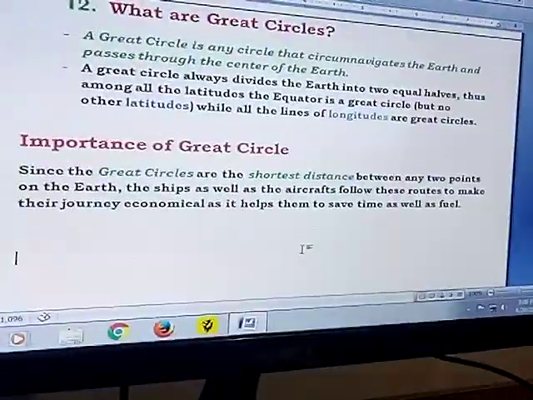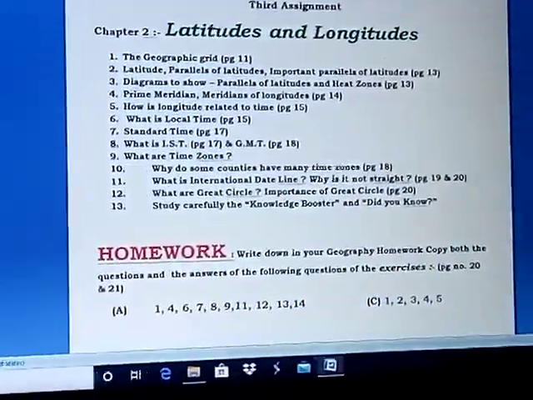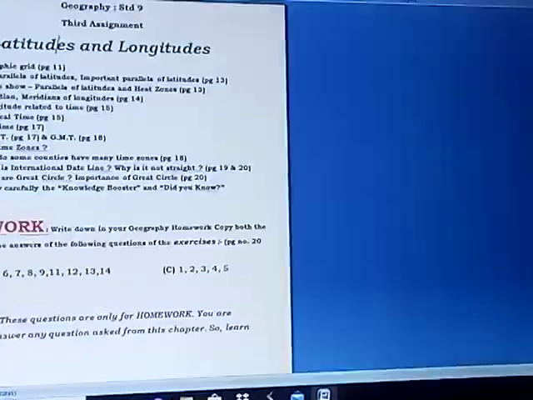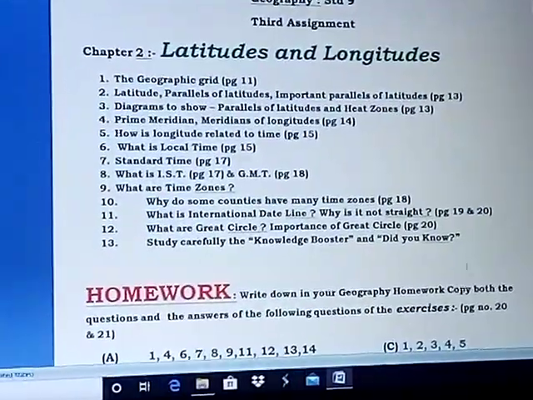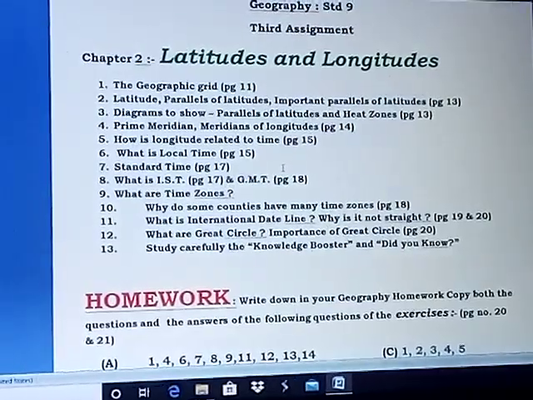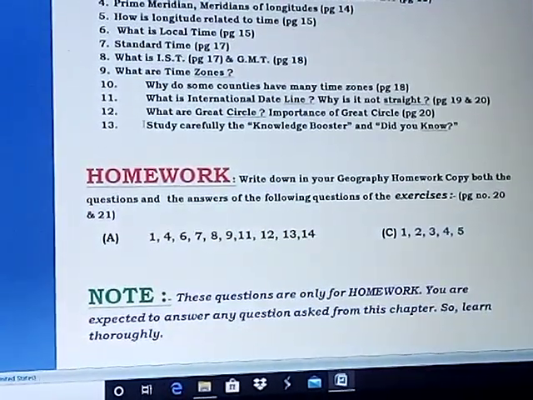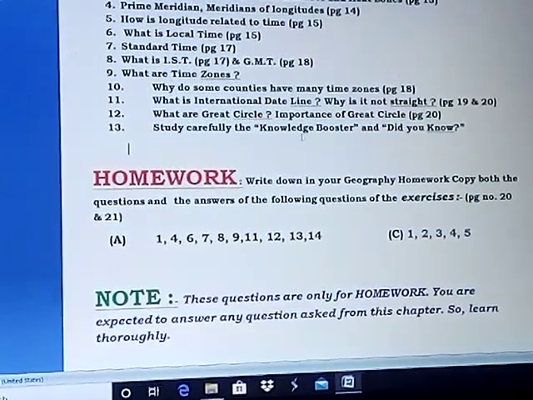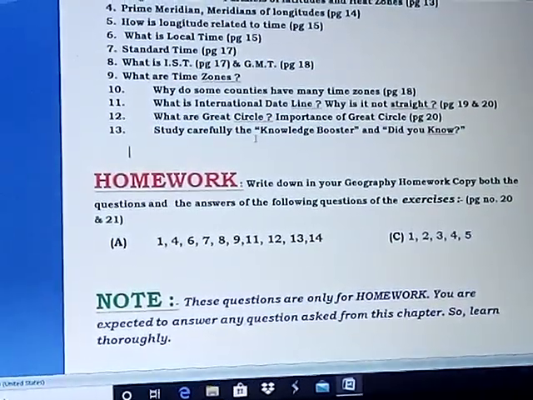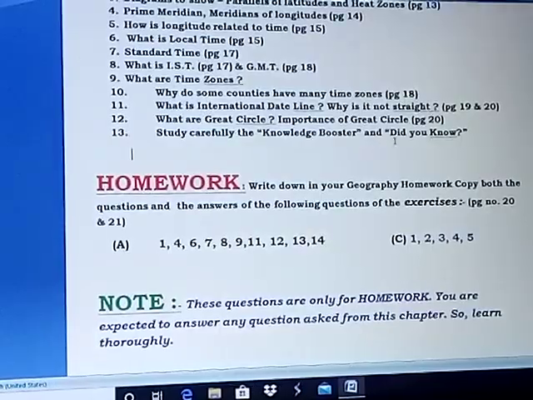Now you can see this side, your homework is given in the assignments, just like last time. Follow the assignment. And one thing we have just mentioned here: study carefully the box items, Knowledge Booster and Did You Know.